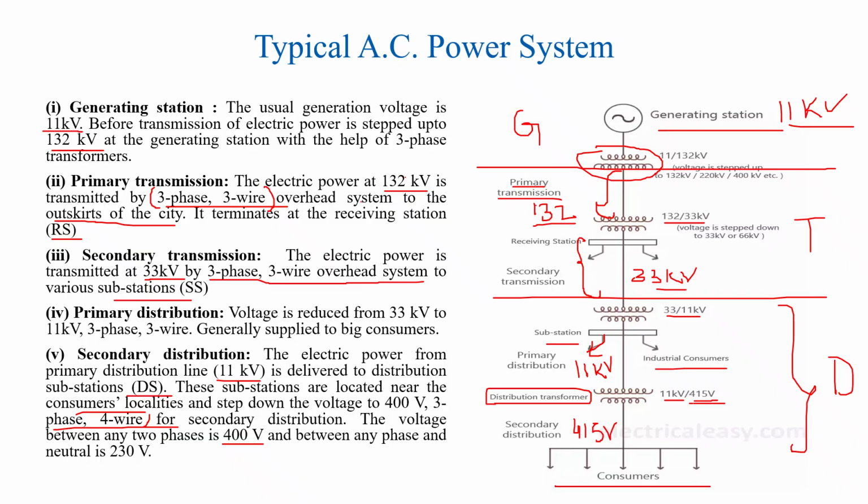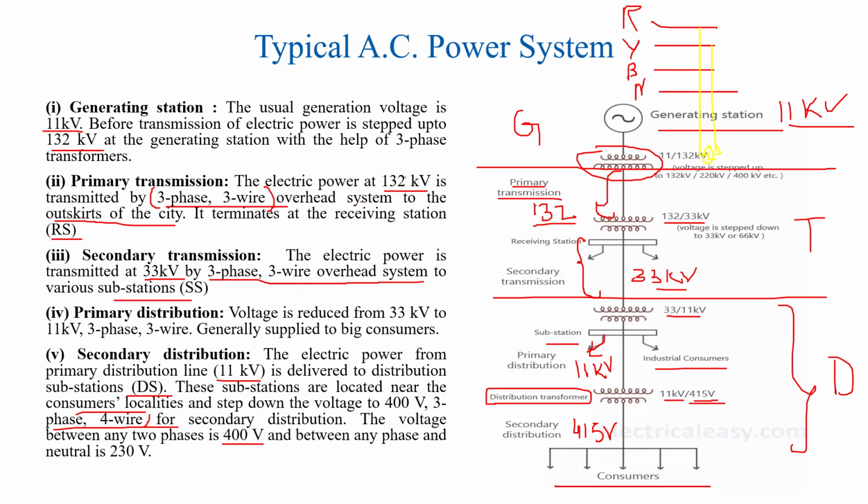So if a consumer requires 400 volt, then two phases are connected. If we have a 3-phase 4-wire system, suppose we have R, Y, B and N. If the requirement of a consumer is 400 volt, then the consumer will take one phase from R and another phase from Y, and here the load will be connected.